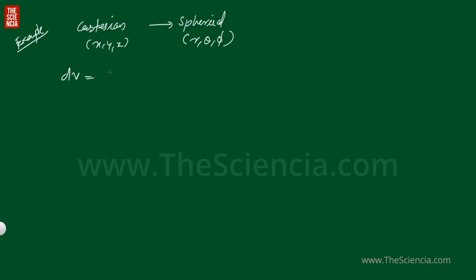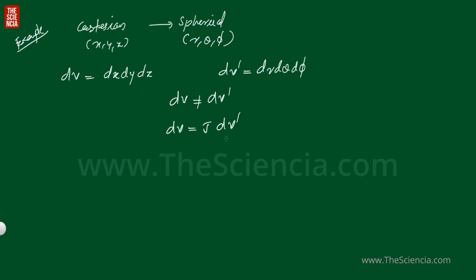That is dv equal to dx dy dz. And what would be the similar volume element in spherical polar coordinate system? That is dr d theta d phi. And you can definitely see this dv is not equal to dv prime. Then how are they connected? They are connected by a Jacobian, that is dv equal to j dv prime.